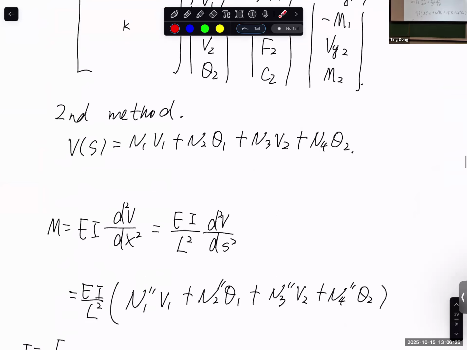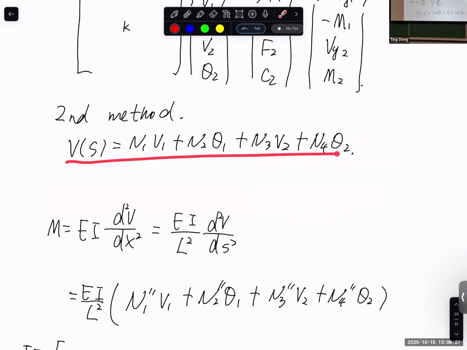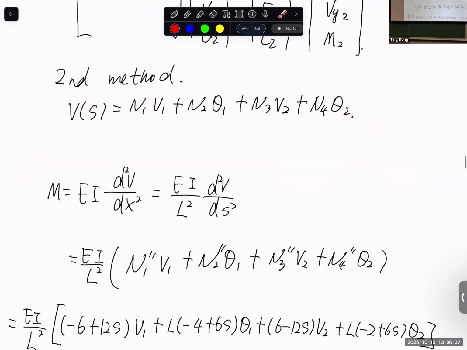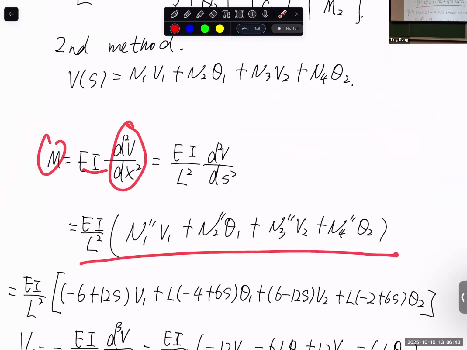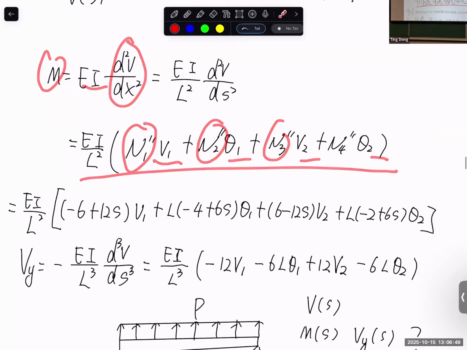Second method: we have the function of deflection, the displacement in the y direction, as a function of s. Based on definition, bending moment is the second derivative of the deflection times EI, of course. So this is our second derivative of the shape function, because v and theta are constant.